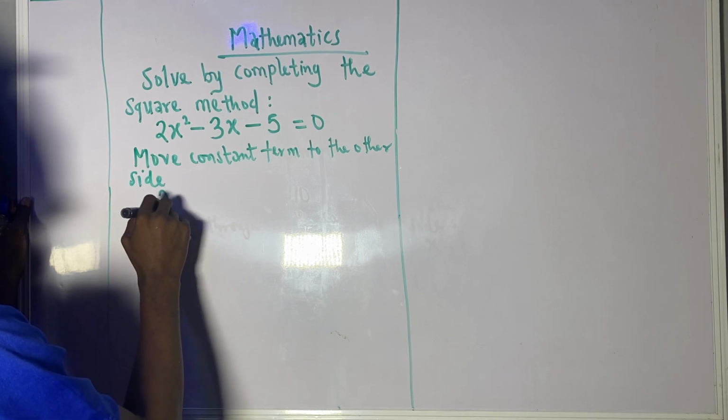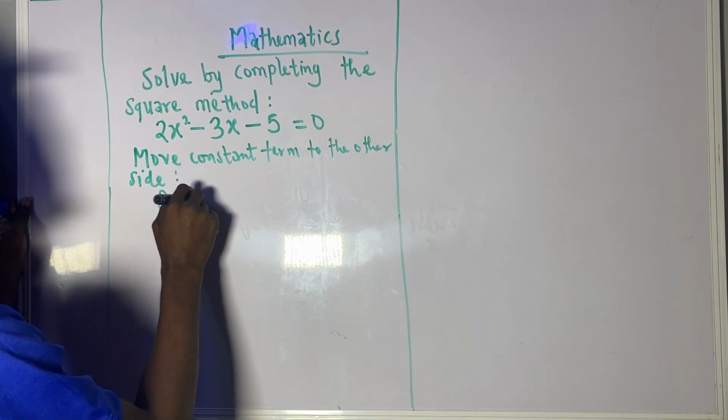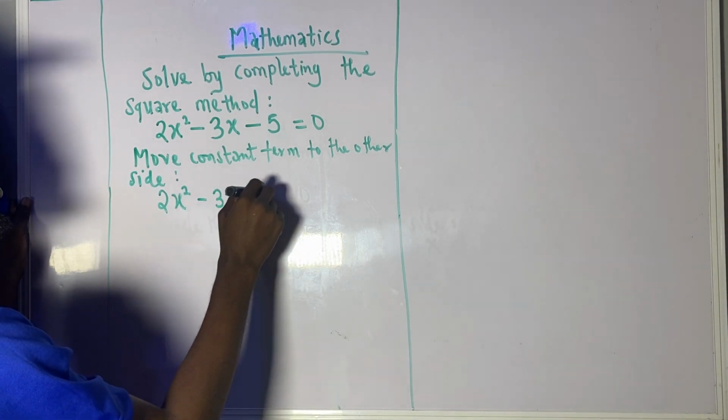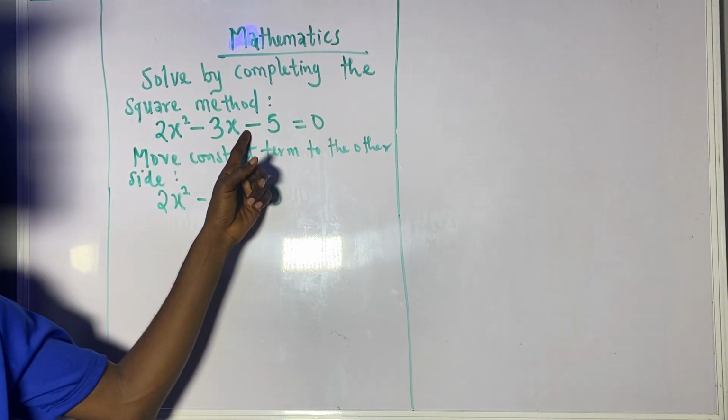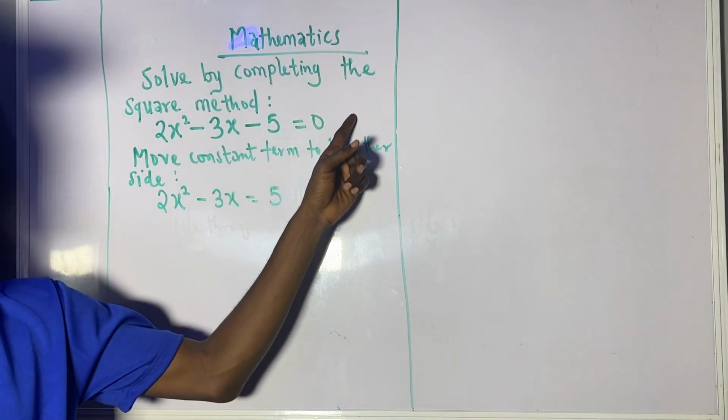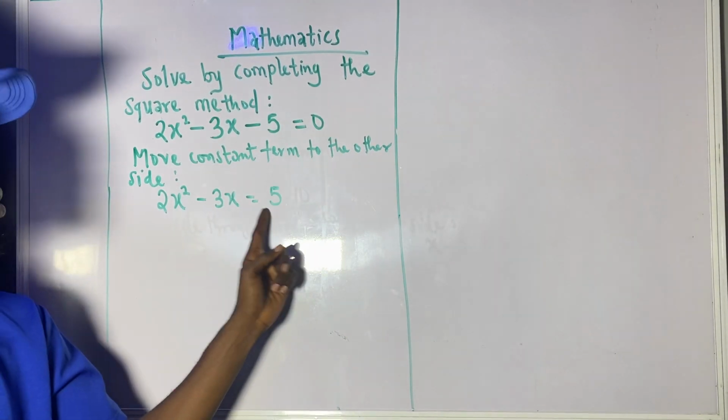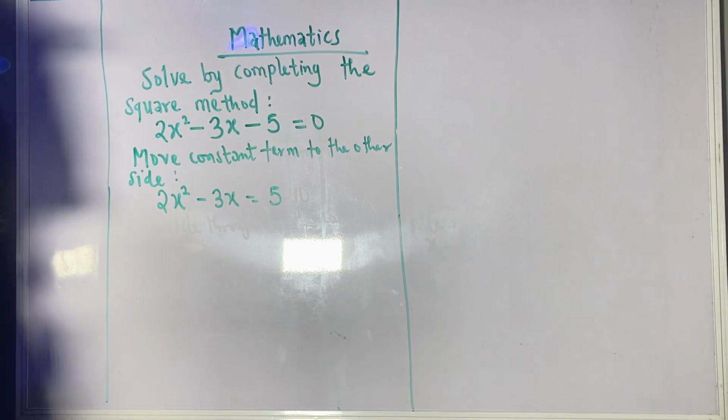So we are going to have 2x squared minus 3x equal to 5. So why is it equal to 5? Because by the time this negative 5 moves to the other side, we have 0 plus 5, which is still 5.